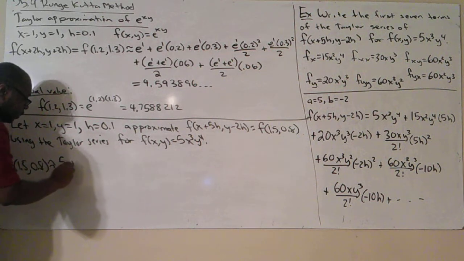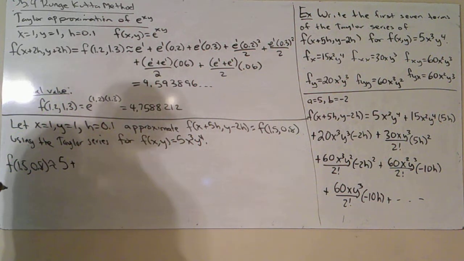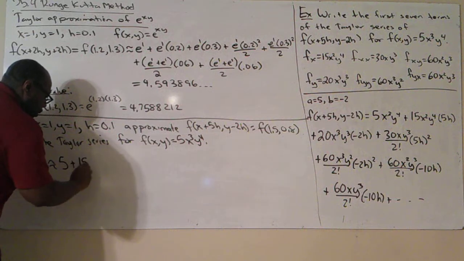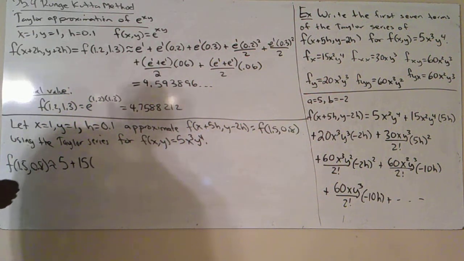You get 5 plus, what's that, 15 times 5h, which is going to be 0.5.